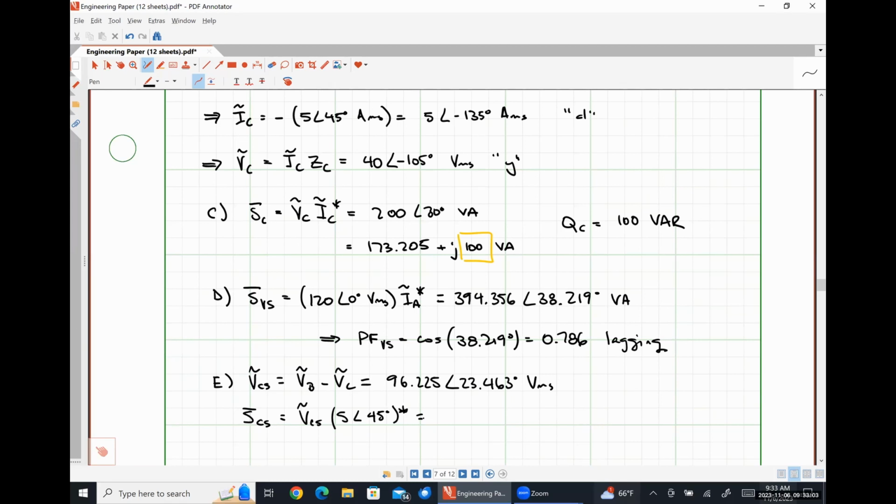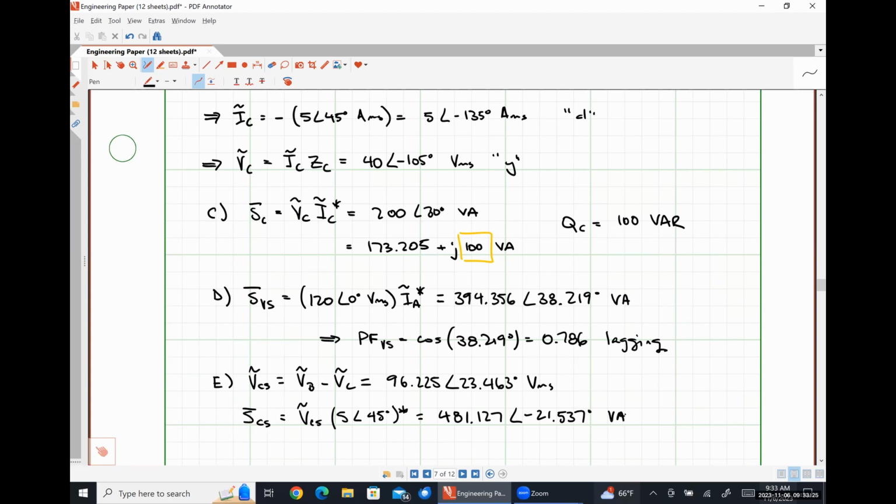So I'm going to take my previous answer and multiply it by 5 angle negative 45 degrees, which gives me 481.127 with an angle of negative 21.537 degrees volt amperes.